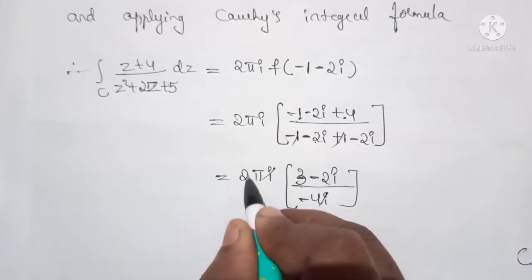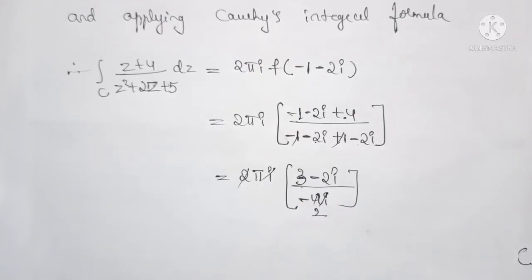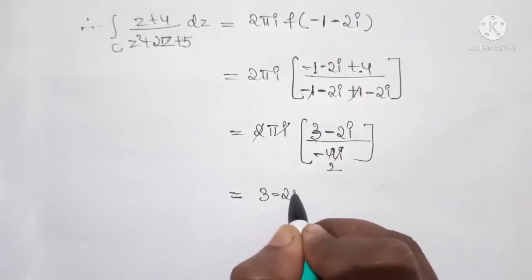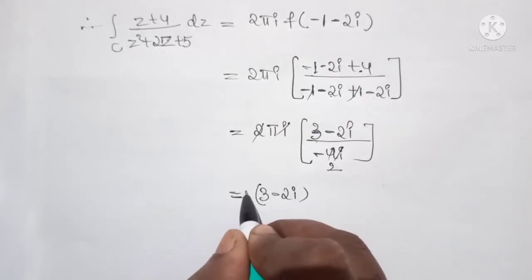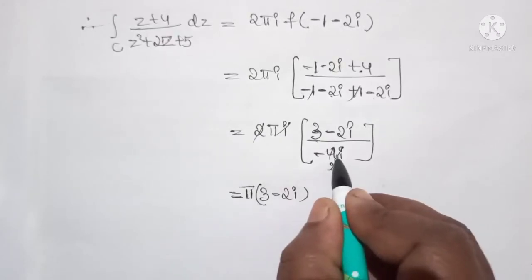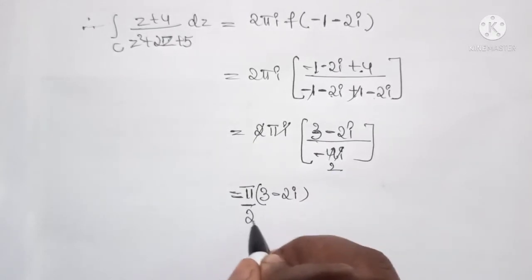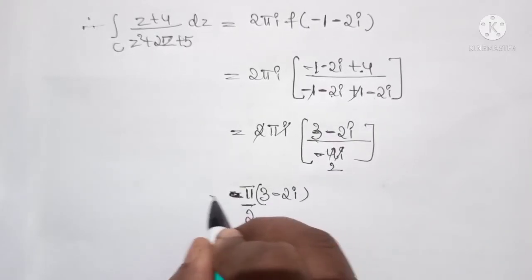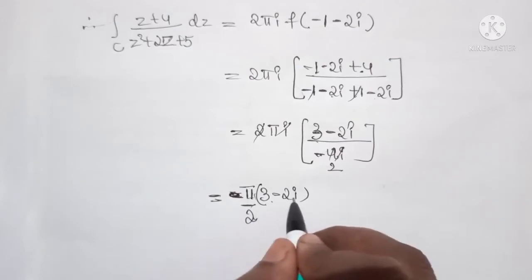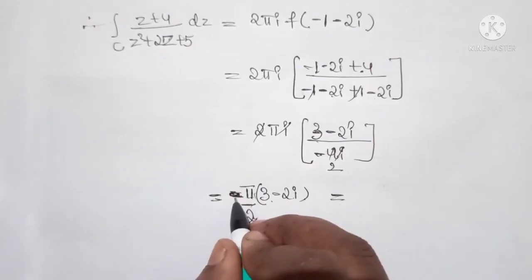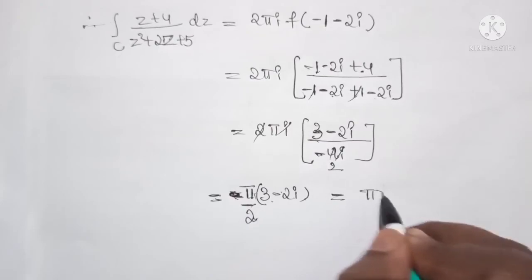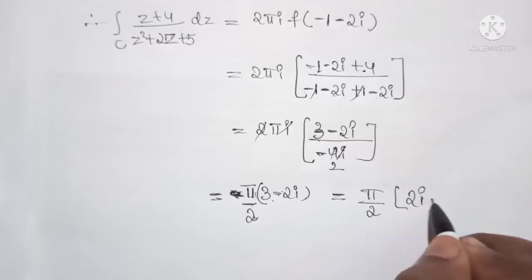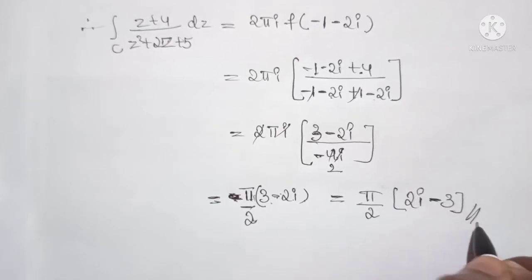So this I gets cancelled, even this 2 gets cancelled, we get 3 minus 2i pi divided by 2. So this minus sign is there, so therefore we write it as minus pi by 2 into 3 minus 2i, or on multiplying this minus with this bracket we get pi by 2 into 2i minus 3. So this is the final answer.